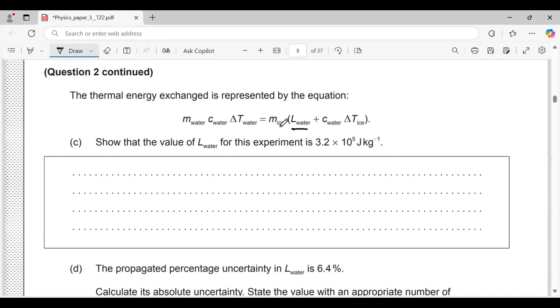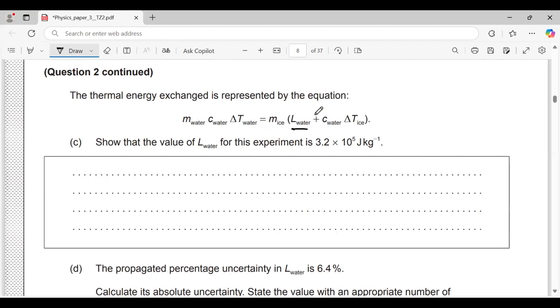And M ice is the mass of ice, 0.025. What else? L water is the subject. C water is the specific heat capacity of water, 4,200. And delta T ice is 20 degrees Celsius, the change of temperature of ice.